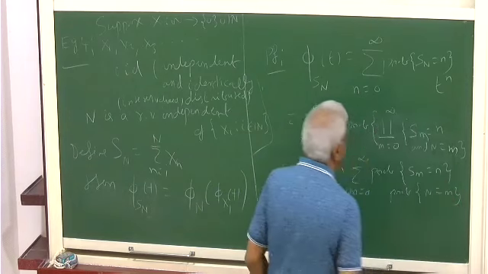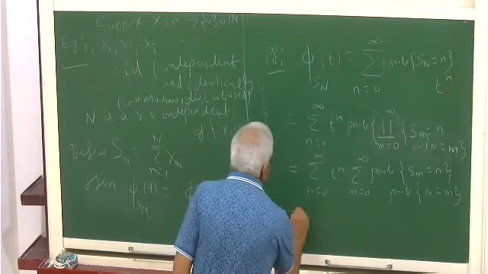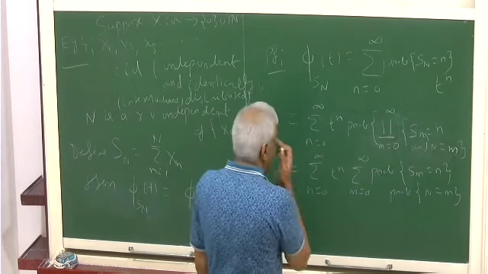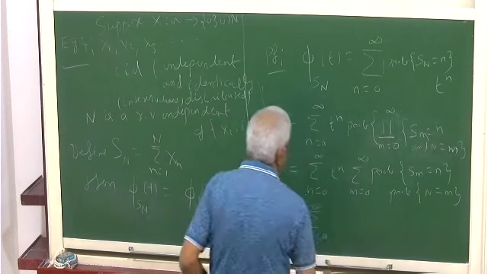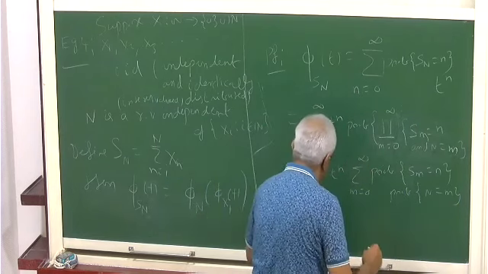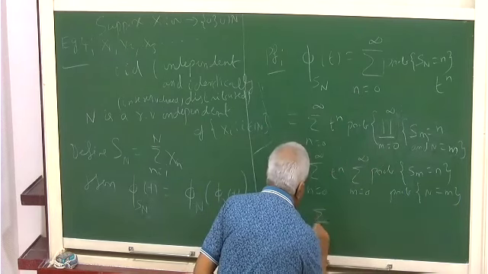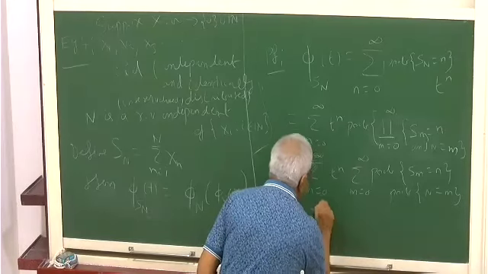Now S_m equals the summation n equal to 0 to infinity. I interchange n and m. Summation n, m equal to 0 to infinity.